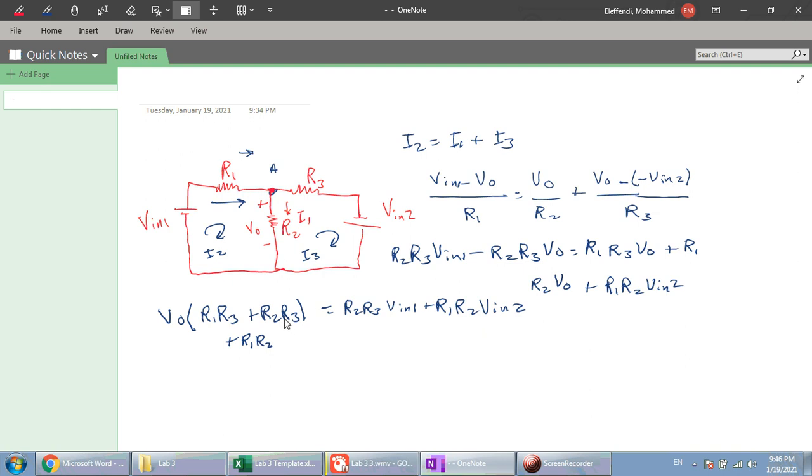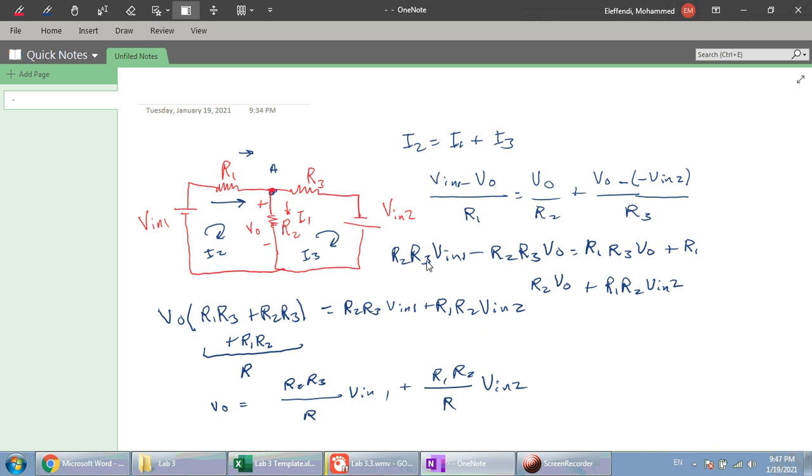And then I'm going to divide by this whole term right here: R1 R3 plus R2 R3 plus R1 R2. I'm going to call this whole thing R just for simplicity. So we have V out equals R2 R3 divided by big R times V in 1 plus R1 R2 divided by R times V in 2.